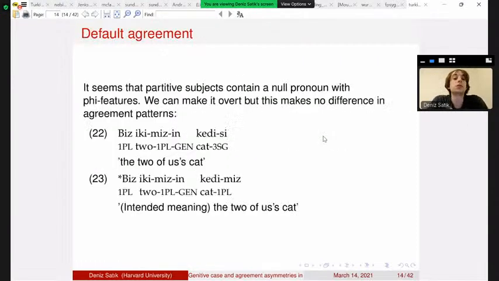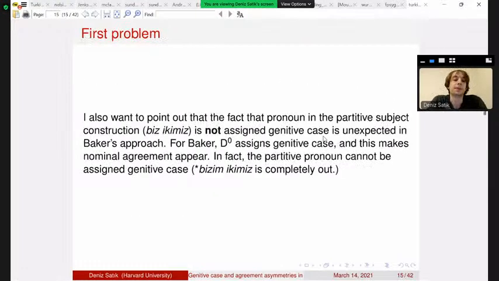So the first problem for Baker is that the pronoun in the partitive subject construction, so biz ikimiz, is not assigned genitive case, which is unexpected in Baker's approach. For Baker, D0 would assign genitive case, so this should actually be bizim ikimiz and not biz ikimiz.